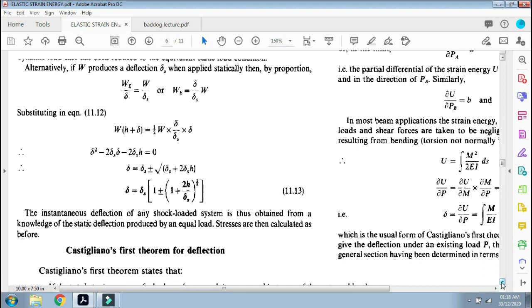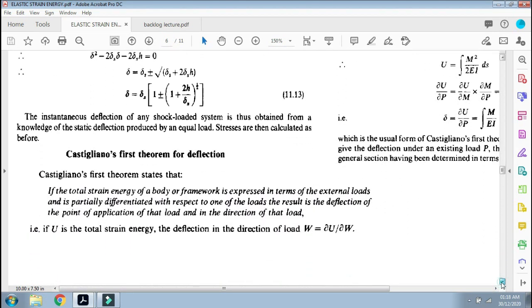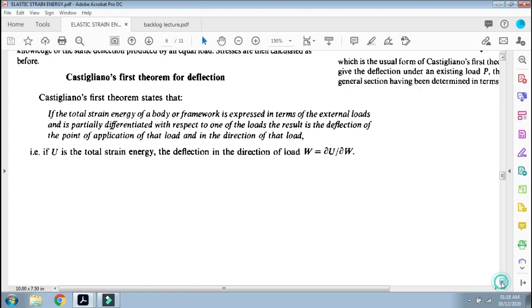Now we go to another theorem, which is Castigliano's first theorem for deflection.